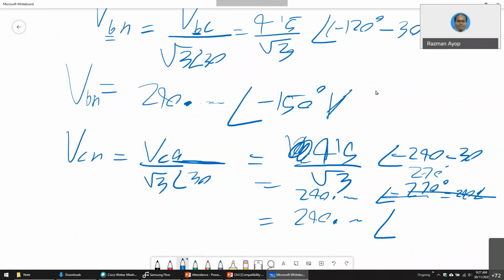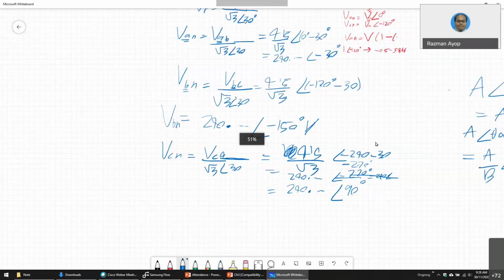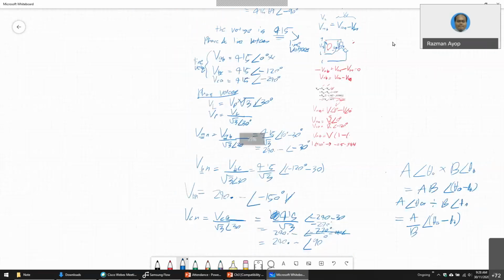If you don't like the negative one, you can use the positive one, which is 360 minus 270, so you get 90 degrees. That is how to determine your phase and line voltage for all the parameters.